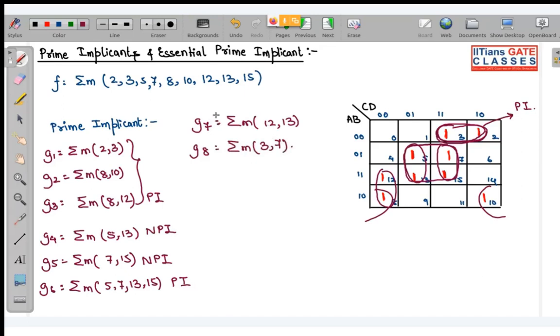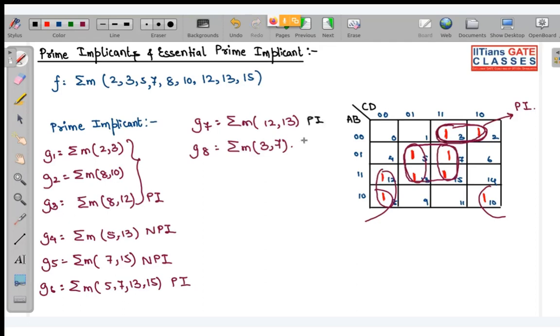Yes or no? G7 means what? G7 means this group. And G8 means this group. Is this a prime implicant? Yes. These are prime implicants. Why? Because I can make a group of 2 ones like this. So this is a prime implicant.